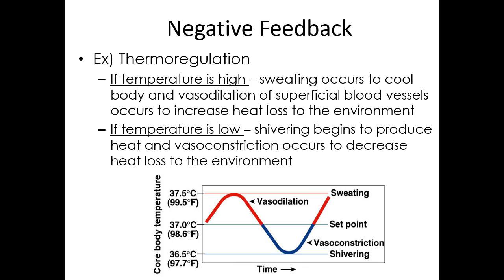So one type of balance, and please don't think this is the only homeostatic pathway, there's tons, would be thermoregulation. If temperature is high, you sweat, and that's done through this thing called vasodilation of the blood vessels, and that increases the loss of heat. So vasodilation is basically your blood vessels start to move faster, and it's going to radiate heat.